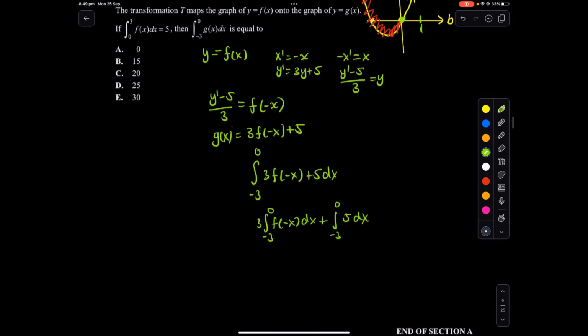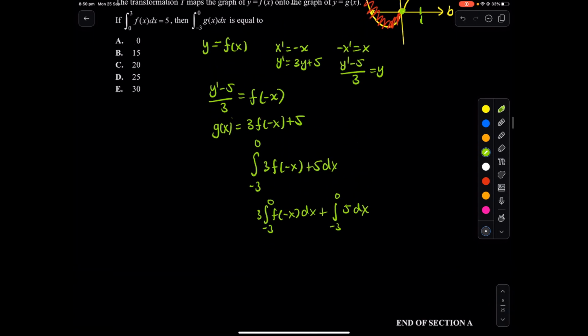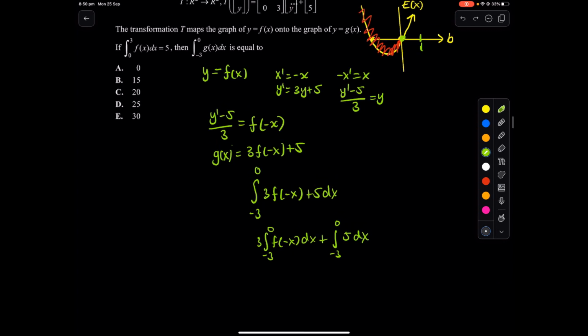So, what do we know? Well, let's really look at what's happening with f of negative x. Let's say if we're drawing f of x, it's some graph that looks like this, and this is from 0 to 3.